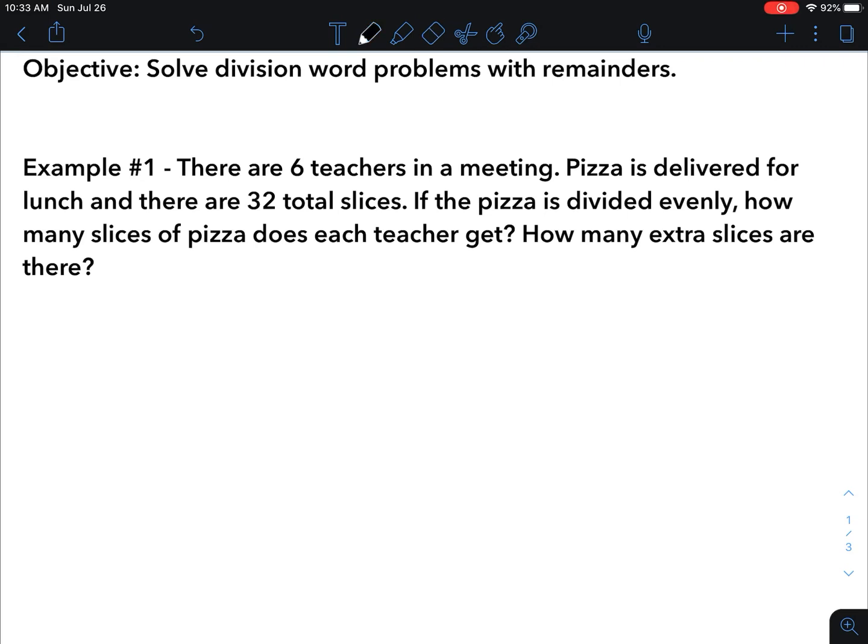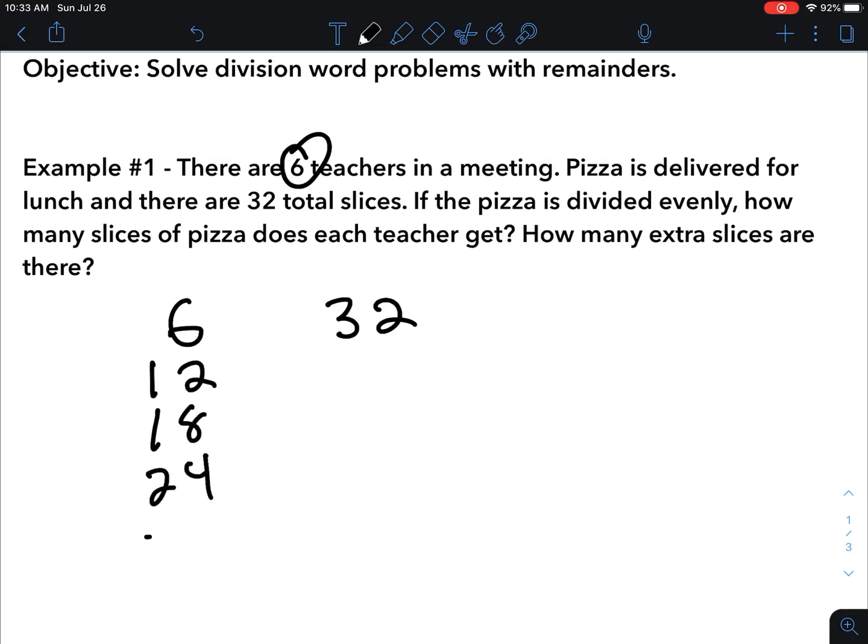Here is another strategy you can use. I'm giving you the 2 easiest ones first. The other one is if you are good at knowing your multiples. In other words, if you can count by a number, that's a great thing to do too. Because if there's 32 slices and 6 teachers, you can count by 6s until you get close to 32 without passing it.